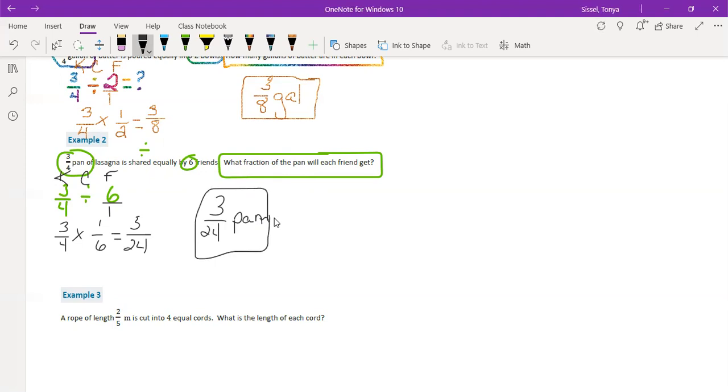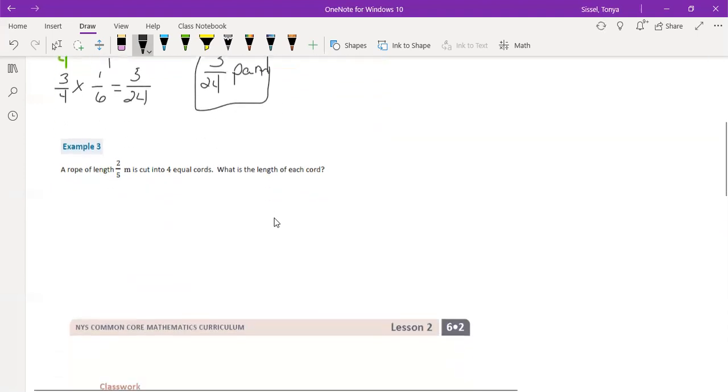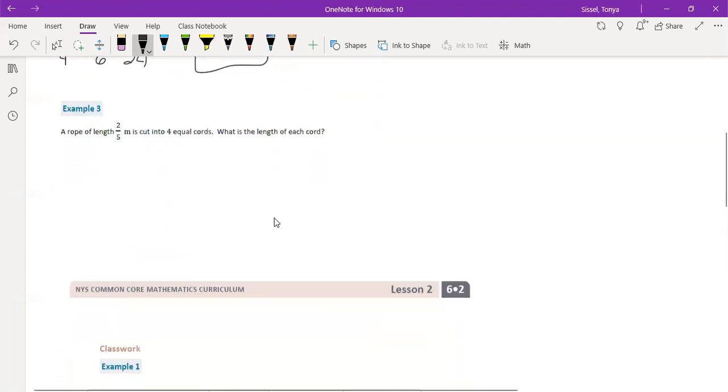All right, doing good. Example 3, and that finishes up lesson 1. We'll move into lesson 2. Let's pick a different color. We've got a length of rope that is 2/5 of a meter, and it's cut into 4 equal cords.